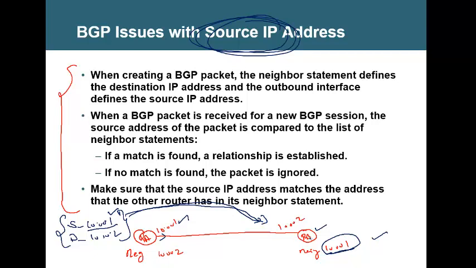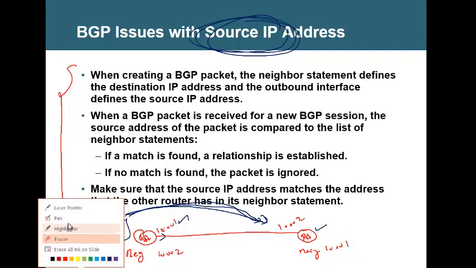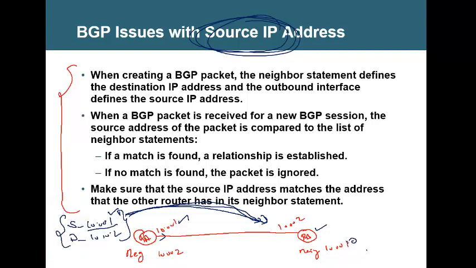But what if I don't have this, and this packet comes here? Let's say I put a wrong address here. Instead of neighbor 10.0.0.1, accidentally I have put 10.0.0.10.